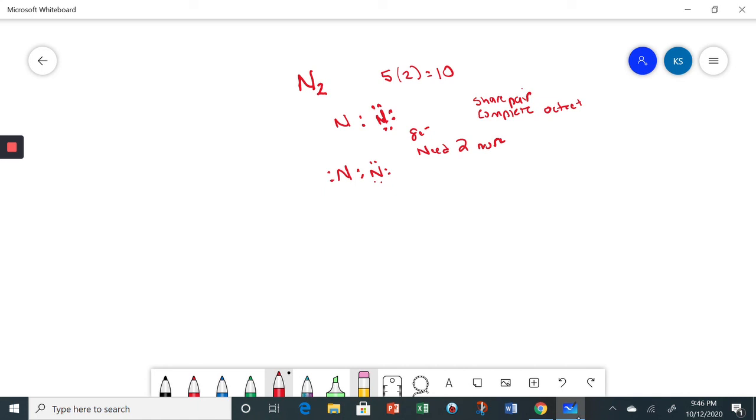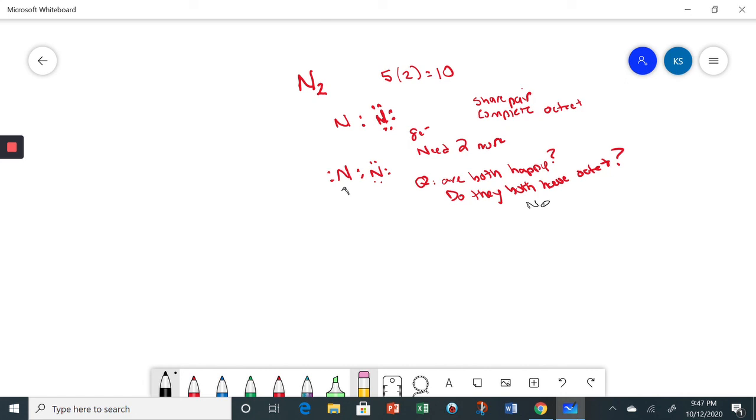Now we ask the question, are both of them happy? And you might go, what do you mean by that? Do they both have an octet? So hopefully you come to the fact that, no, they don't, because this one doesn't have an octet.